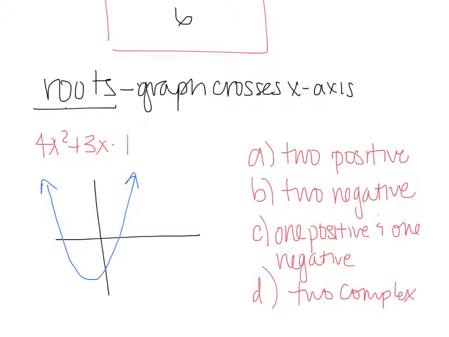It's not the best graph in the world, but you get the idea. So our roots are this point here and this point here. This particular question is asking you not necessarily what the actual numbers are, but what you know about them. And so when you look at this number here, you know because it's on the right side of the y-axis, it's positive. And when you look at this one, it's negative. So that means our answer would be C, 1 positive and 1 negative.